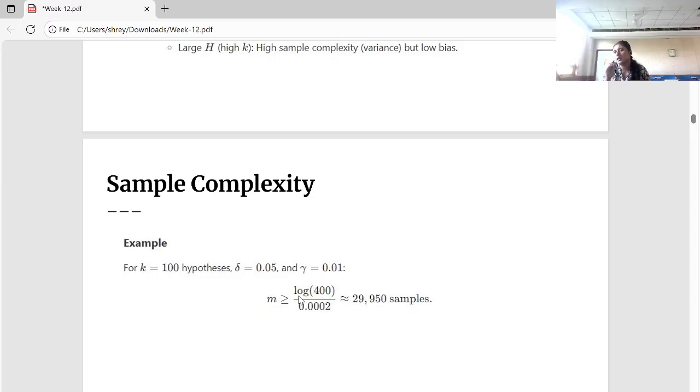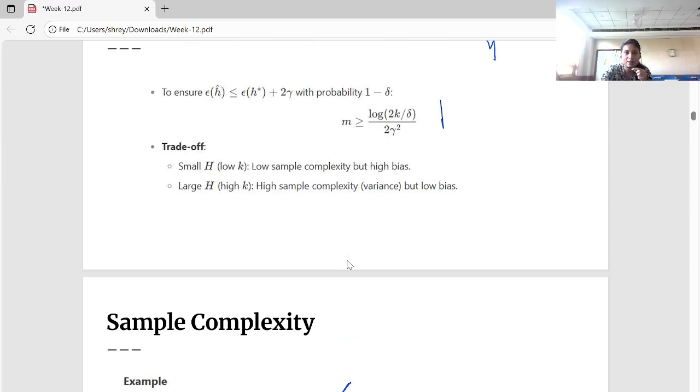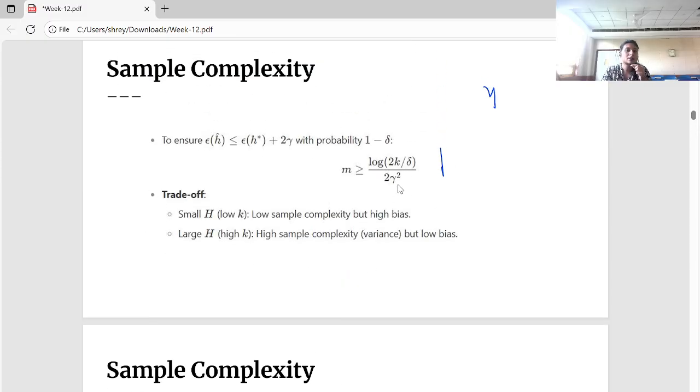Generally, this question is related to how many data samples you require so that your training data can mimic the actual data. As you increase this tolerance gamma, you will see that m will decrease, since it is inversely proportional. It means that if you allow more error tolerance, you need less data, but if you allow less tolerance, m should be much higher.